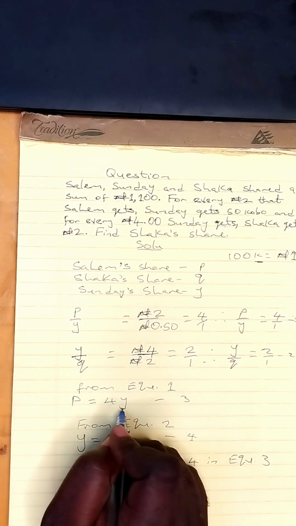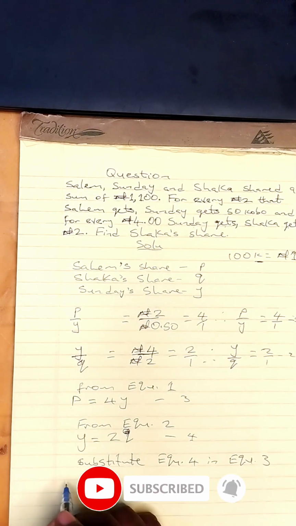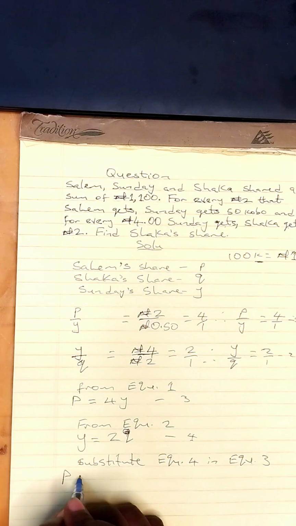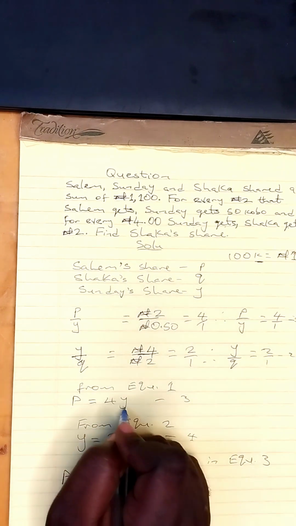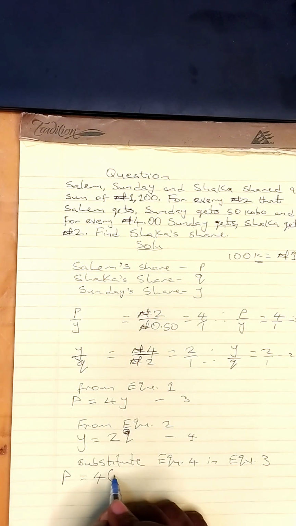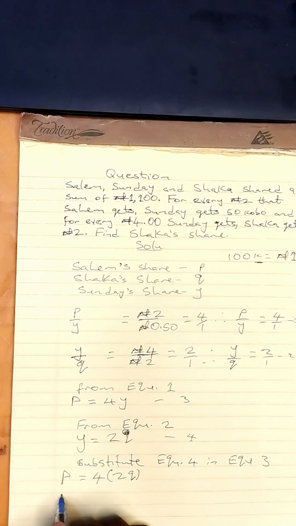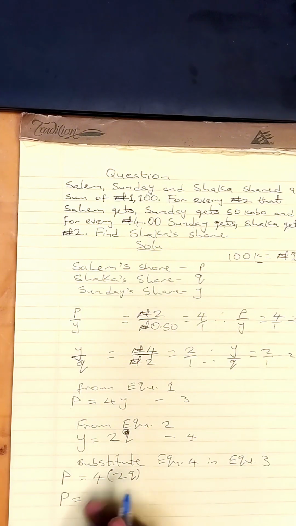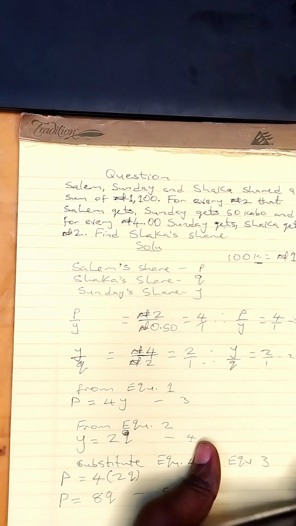So instead of using this y again, we will replace it with 2q. So what we'll be having now is P equals 4 times 2q, which will give you P equals 8q. That becomes your equation 5.